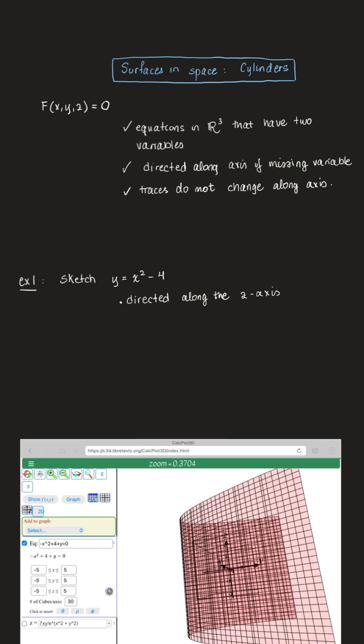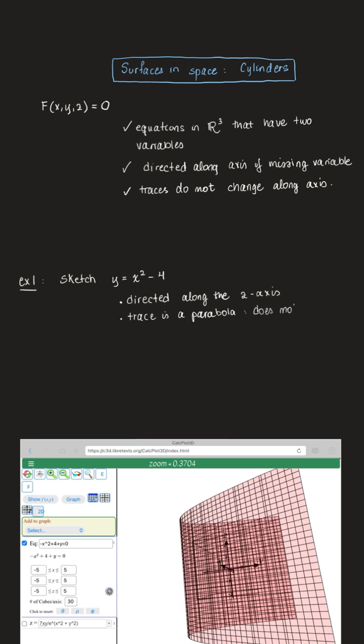So here it will be directed along the z-axis. The trace that will remain the same is the trace that's on the xy plane, and that will get repeated along the z-axis. So the trace of the parabola will not change along the z-axis. The trace is a parabola because y equals x squared minus 4 is a parabola, and that will not change along the z-axis.